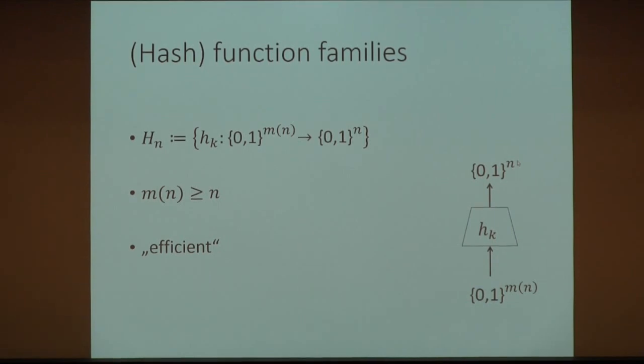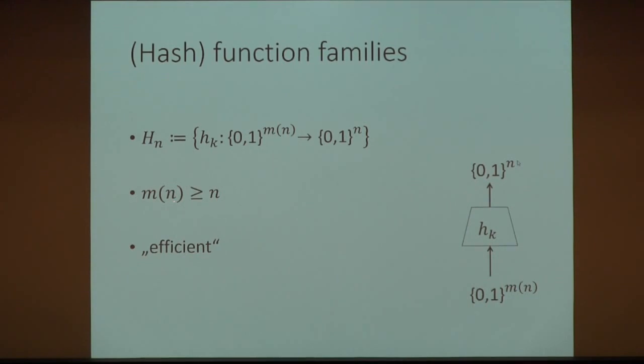Then these functions map bit strings. I'm restricting here to bit strings because that's what we're using in practice. The extension to general input spaces is kind of straightforward. So they've got an input space, m(n), where n is the main security parameter here, and they map m(n) bit strings to n bit strings.